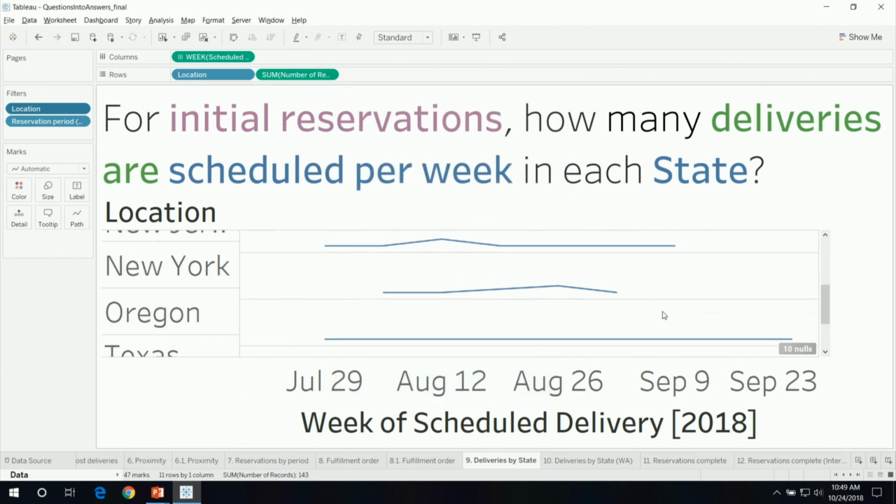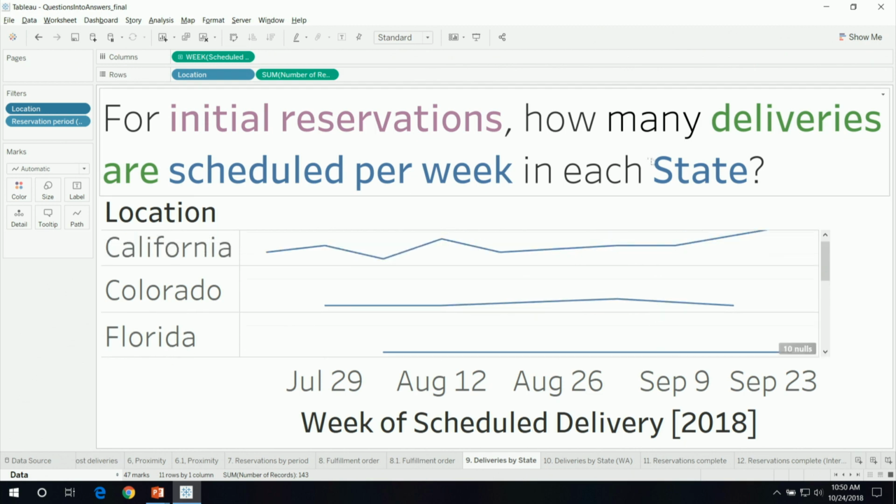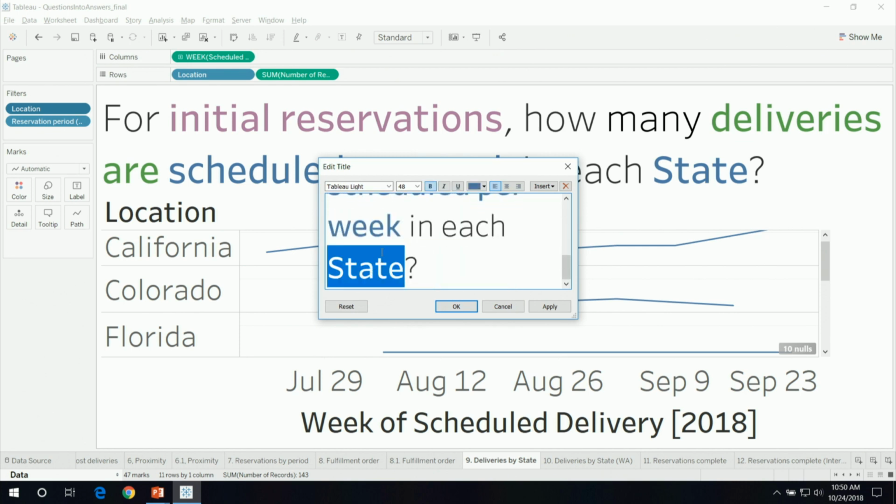So we've updated the viz here, so it's now restricted the states. So what did we do? Well, what we did essentially, as far as the question goes, is take this state piece and add a clause to it. We said states with total number of deliveries at least 10. And so that's what putting that filter did.